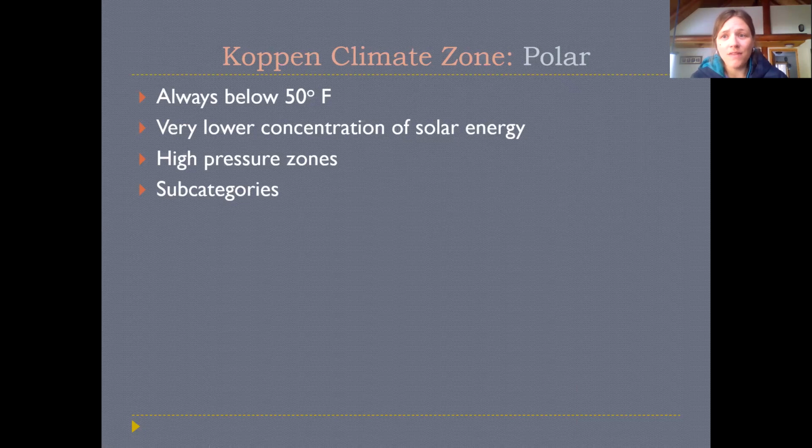We also know that these areas near the poles have generally higher pressure zones, so they're generally going to be less stormy than the areas in the microthermal zones a little bit farther south.